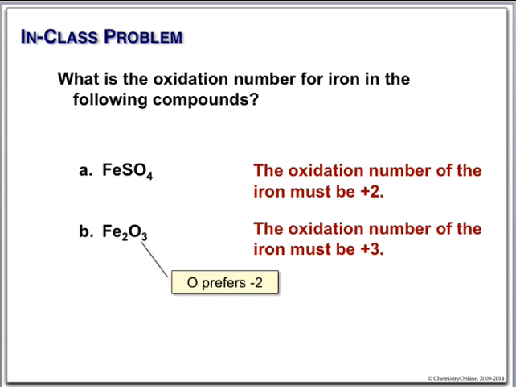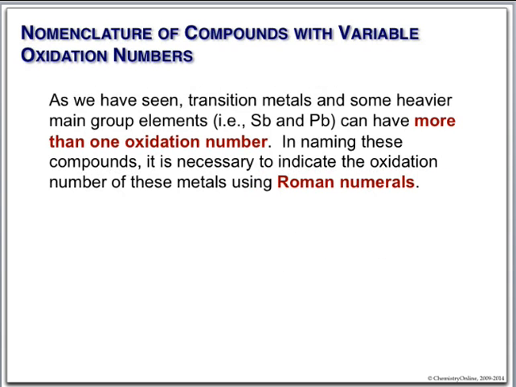Well, once we figure out what the oxidation number is, how do we put this in our name? Well, just like we saw with nickel. We're going to write it using Roman numerals. Going to write it right next to the cation and put it in parentheses. This is going to be lead.